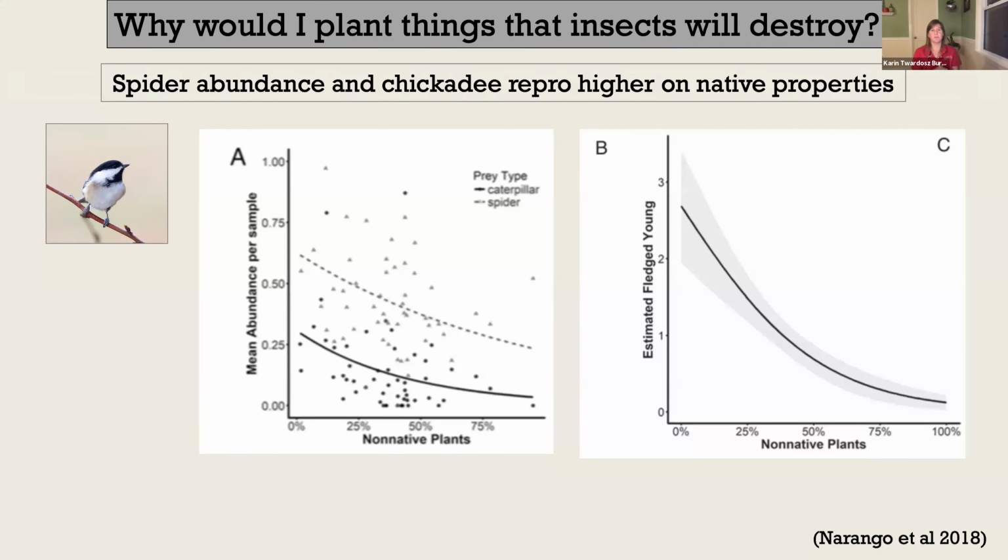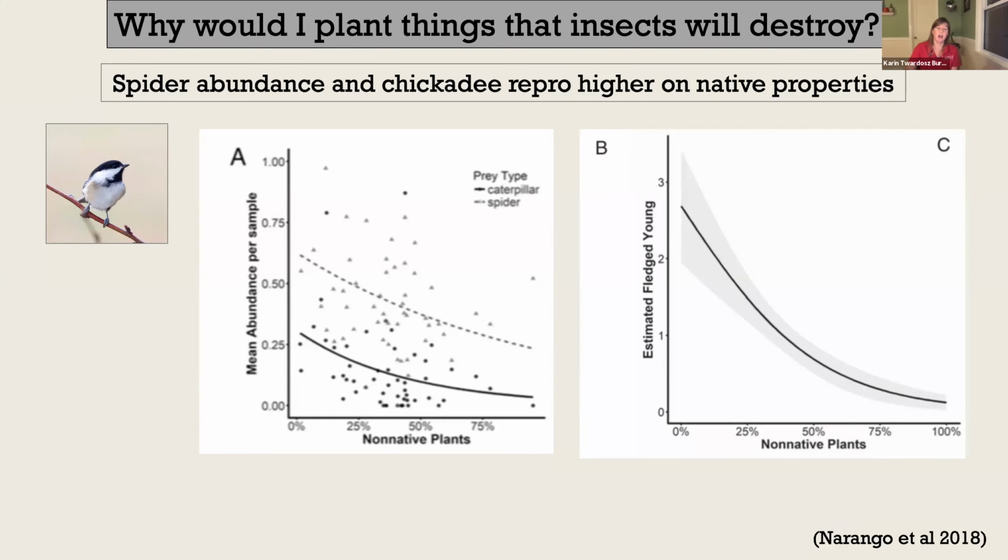And Desiree Narango, who was a grad student who I didn't actually work with, but came after working with Doug, has done a really nice study showing that spider abundance and chickadee reproduction are also higher on native properties. So you're creating this base of insect herbivores that are then feeding your higher trophic levels.